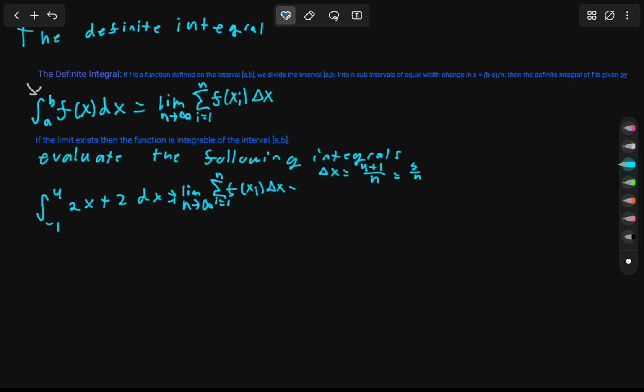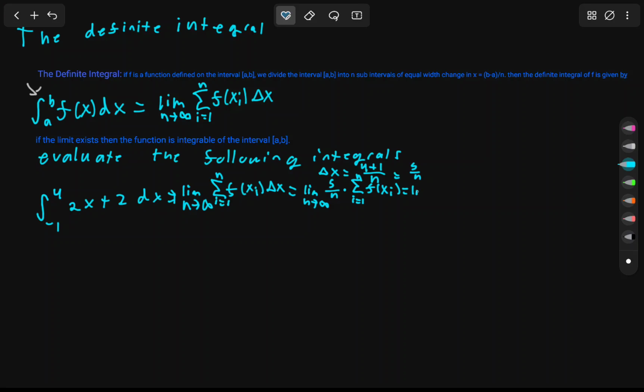So we're now going to rewrite this sum, or the limit as n goes to infinity of 5 divided by n times the sum from i equals 1 to n of f of x of i. Alright, well, now let's expand this f of x of i out.